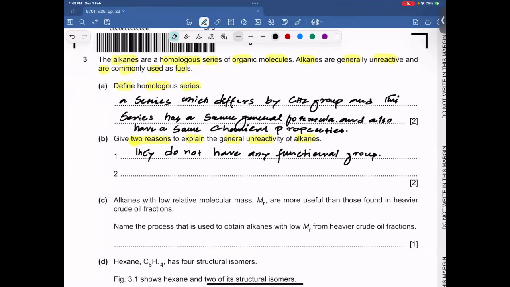And also, they have strong carbon-carbon and carbon-hydrogen bonds.